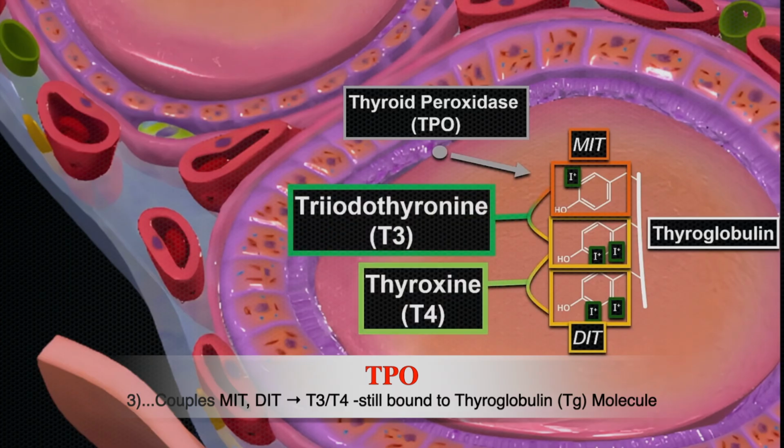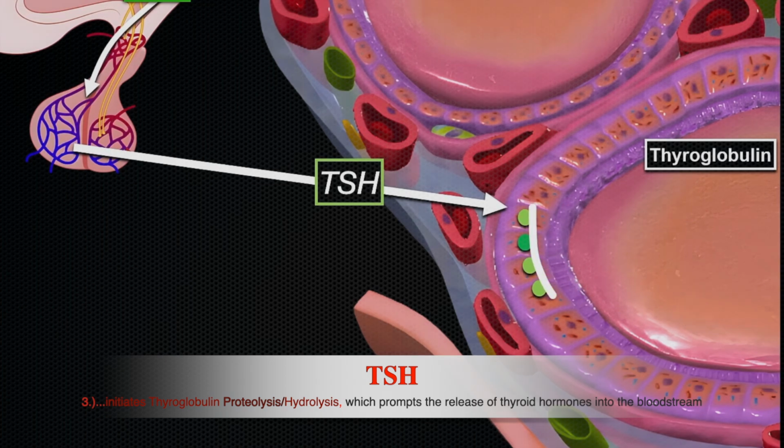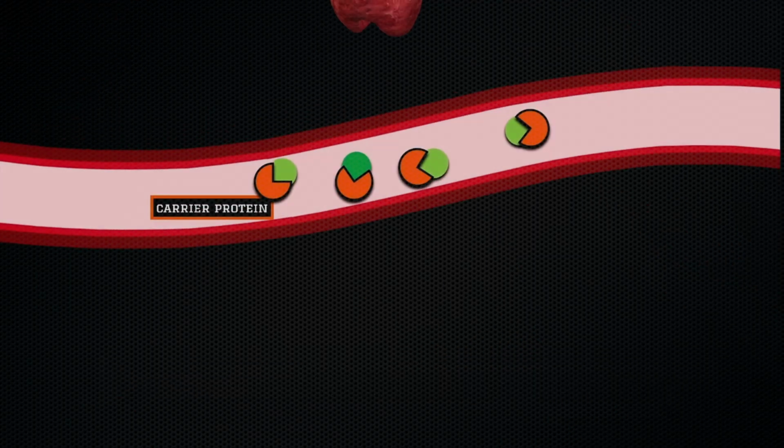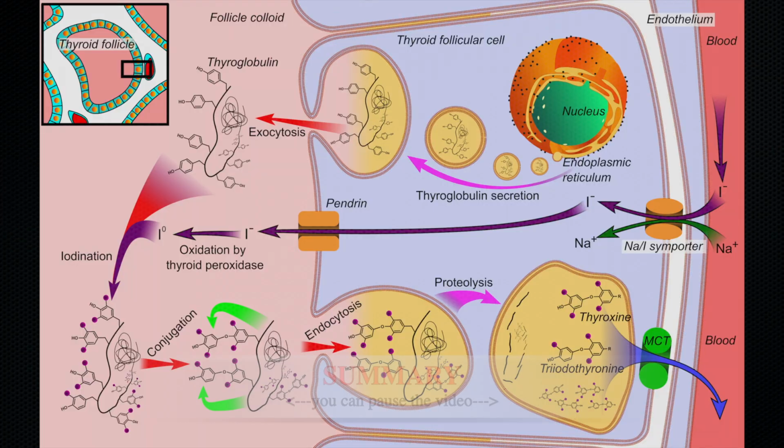These newly built hormones stay bound to the thyroglobulin scaffold until TSH signals their release. The follicular cells endocytose droplets of the colloid, break down the scaffold, and release free T3 and T4 into the bloodstream. The thyroid releases mostly T4, so peripheral tissues like the liver and kidneys remove one iodine atom to convert it into biologically active T3.